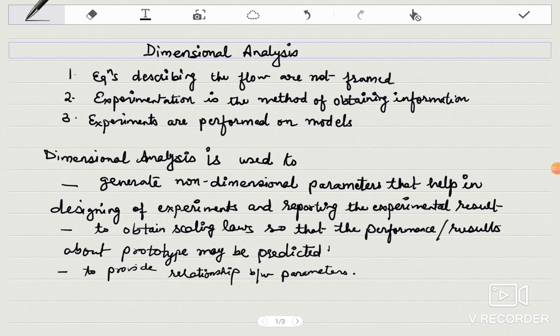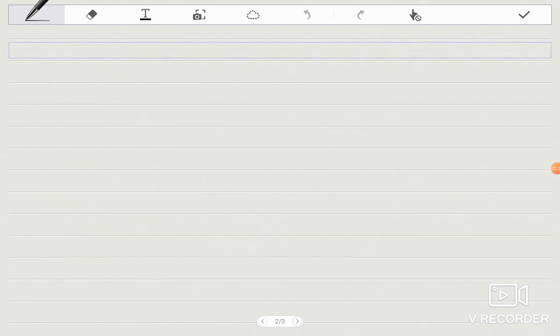So in the last part of dimensional analysis, we'll go through Buckingham's pi theorem, which is actually a technique to produce non-dimensional numbers in a physical problem. So we will start Buckingham's pi theorem.